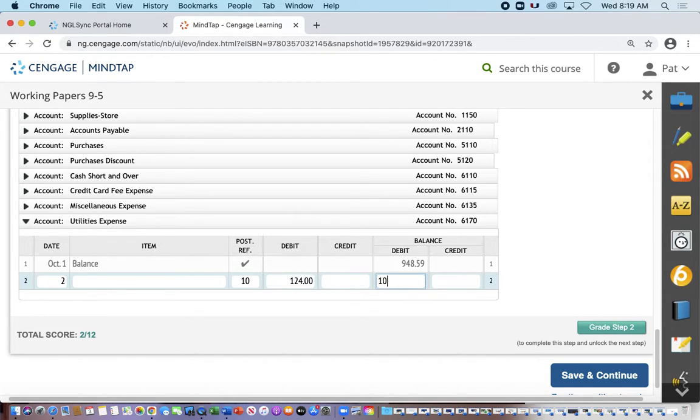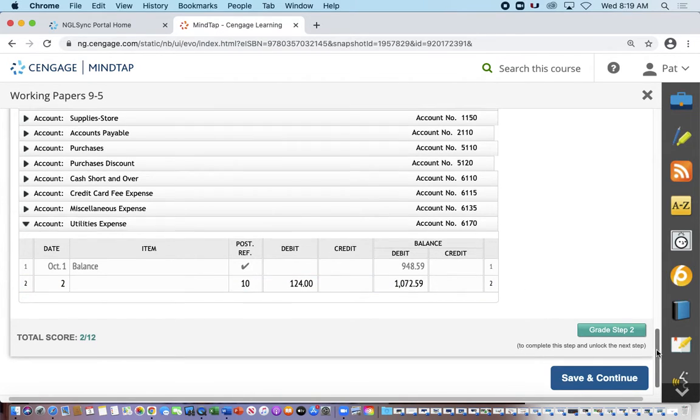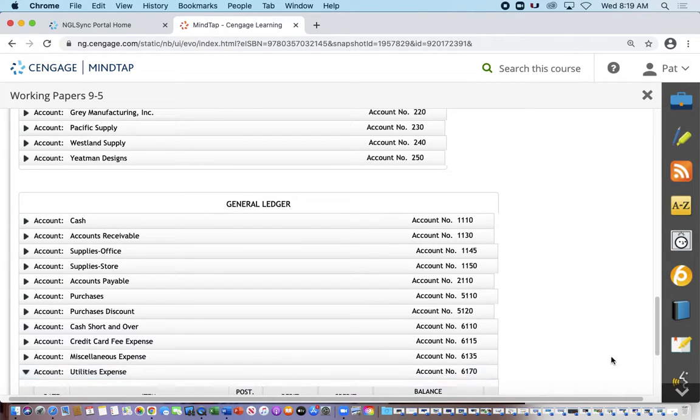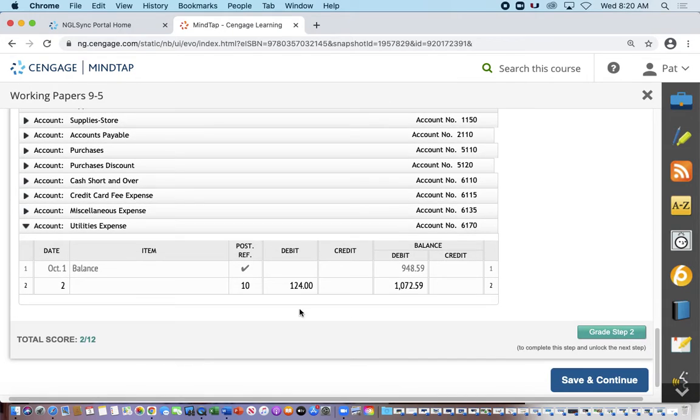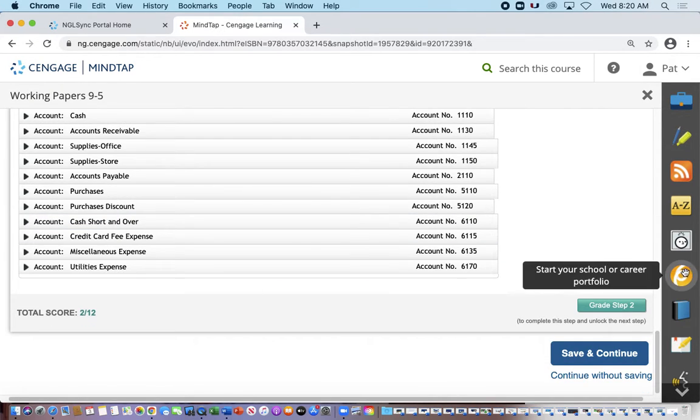Okay, 1,072.59. The last step posting is put the number 6,170 as the account number. So you have utilities expense for 1,072.59. Okay, that makes sense.